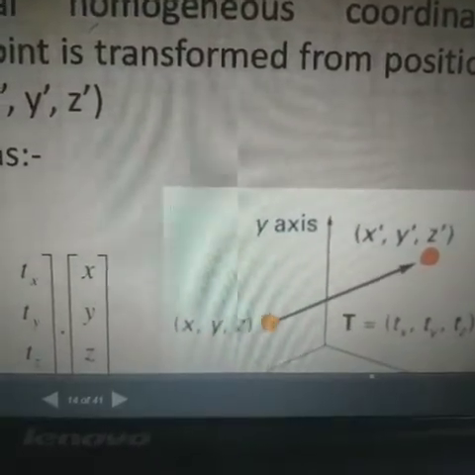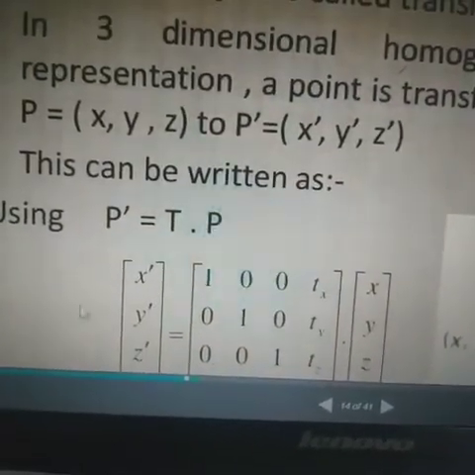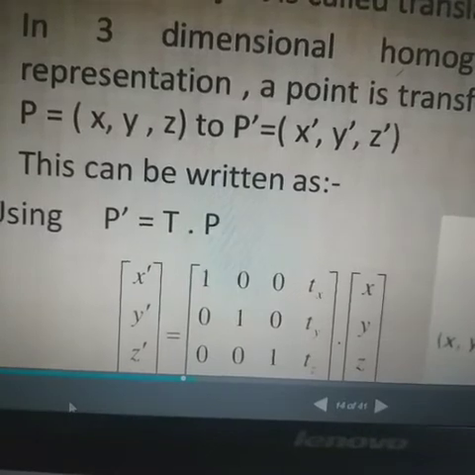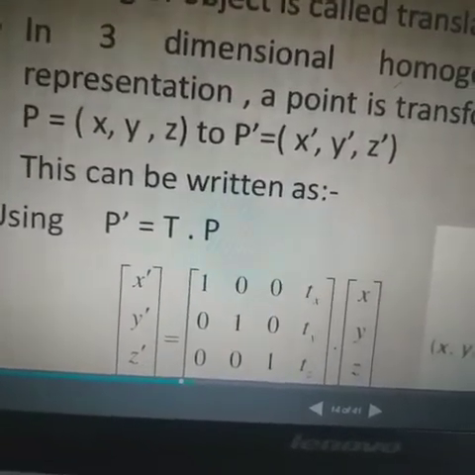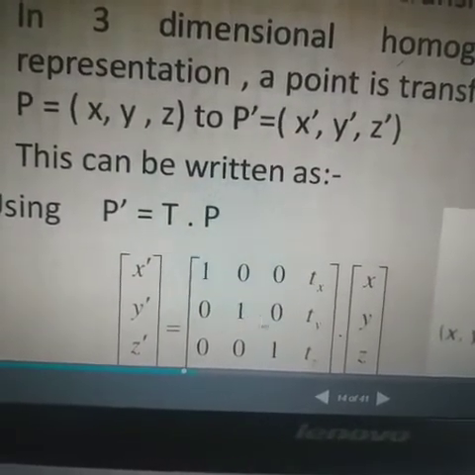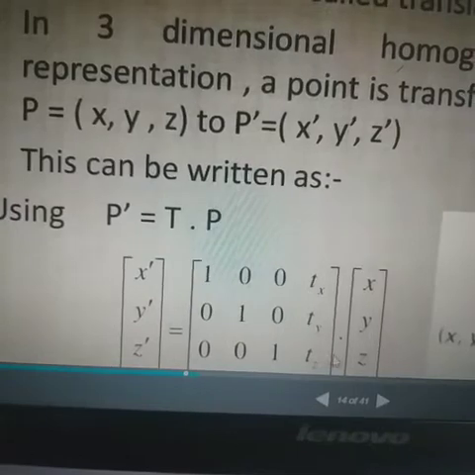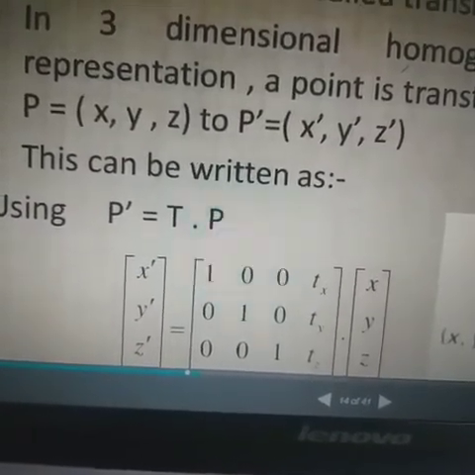The translation factors used are tx for the x coordinate, ty for the y coordinate, and tz for the z coordinate. So on the three-dimensional basis, we have the homogeneous system like this: x dash, y dash, z dash, and 1 is equal to the matrix 1 0 0 tx, 0 1 0 ty, 0 0 1 tz, and 0 0 0 1, multiplied by x, y, z, and 1.